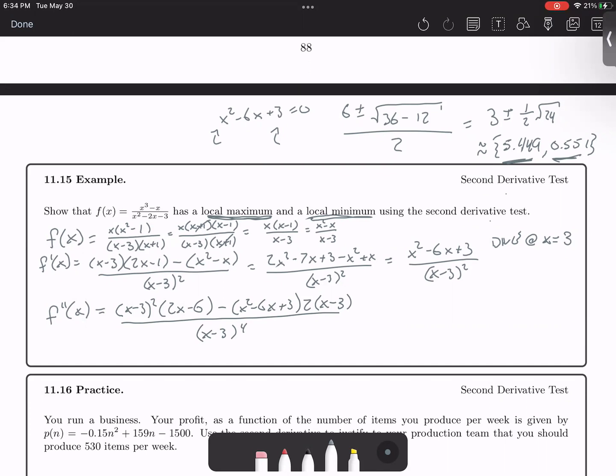Now we really don't have to simplify this any. You can if you want to. It's going to make the evaluation simpler. But we just need to see what our second derivative is doing at these two points.